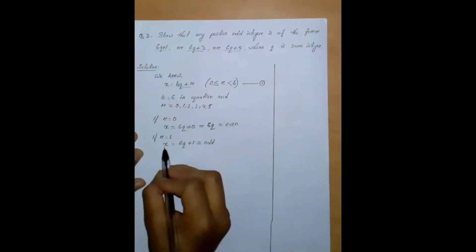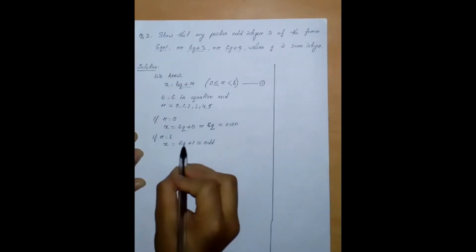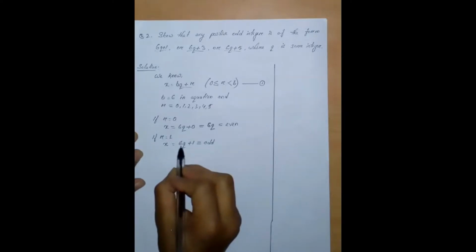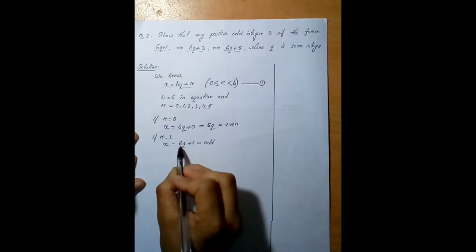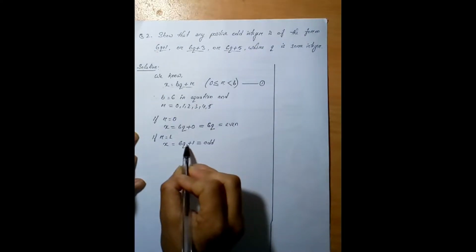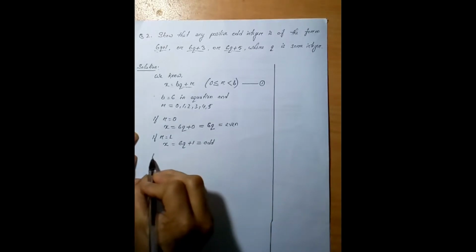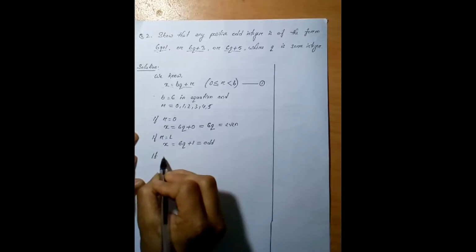If we put 1 in place of q, 6 plus 1 is 7, which is odd. If you put 2, 6 twos are 12 plus 1, it will be 13, odd. So it is not divisible by 2 and it is an odd number.